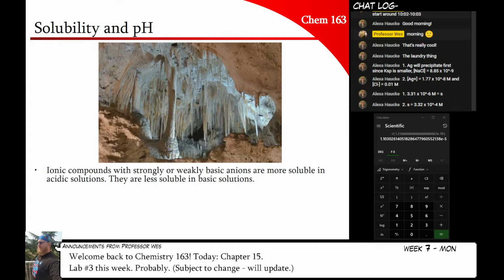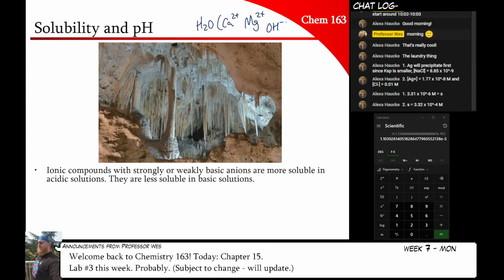Stalactites and stalagmites tend to be things like calcium carbonate. They're basic ions that form precipitates that are insoluble in solution. Now they're insoluble, hence you can see that they're solid right here. And the reason that they're solid is because water drips down from the surface. So the surface is above, and we have water that has these ions dissolved in it.